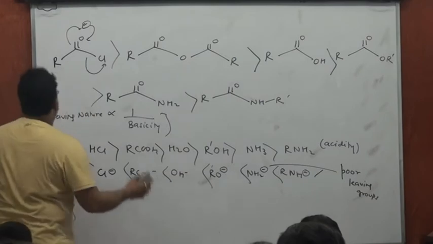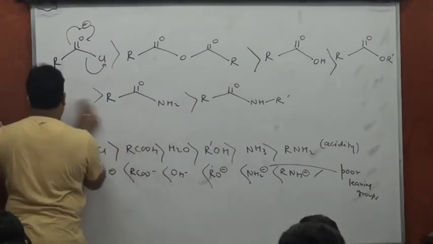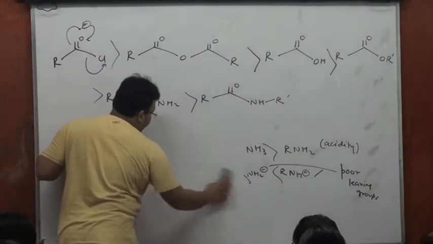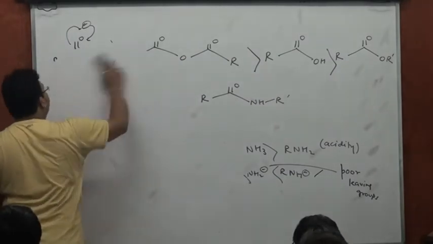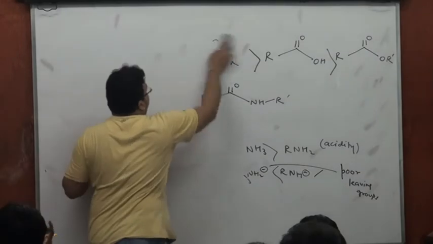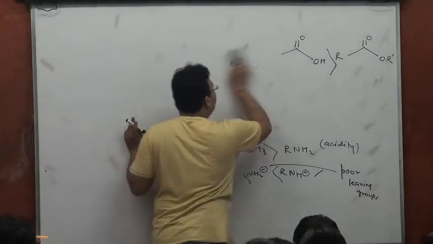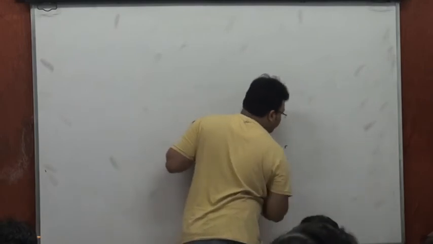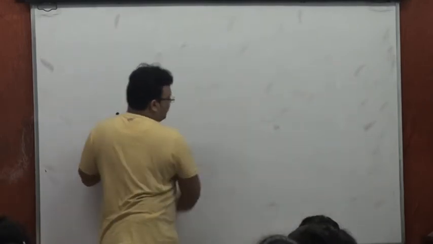What I mean is, because we understand that halides are going to be the most reactive of the group, practically while trying to convert an acid to an amide, this is what is done.